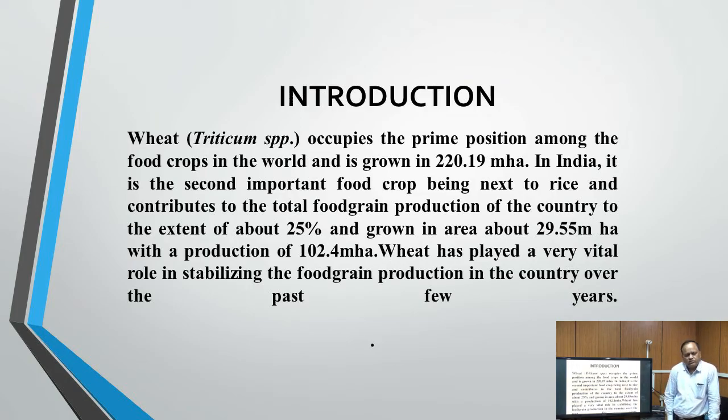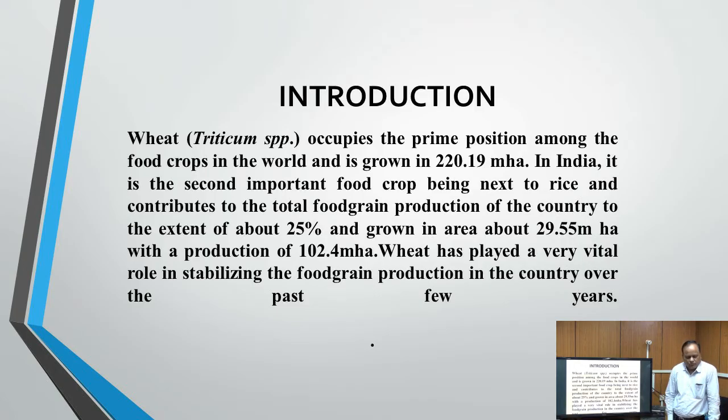That is only due to the increase in the production of wheat. So wheat is one of the most important crops in India to ensure food security. Now India is self-sufficient due to higher production of wheat.